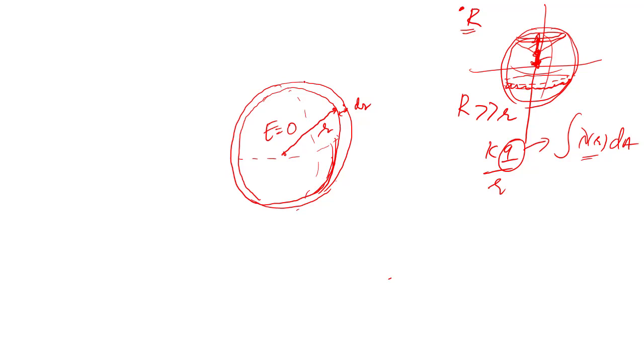So here, what we need to note is that E inside the shell is 0, and E outside the shell is not equal to 0. Within the shell there is no electric field, but outside the shell there is electric field. So now imagine that you want to compress this shell.